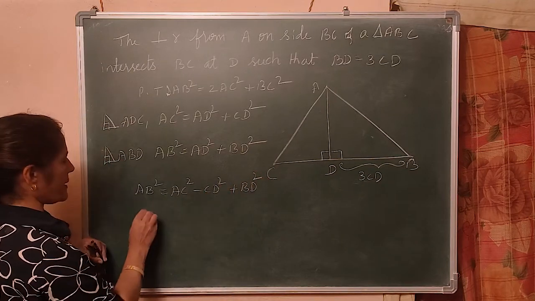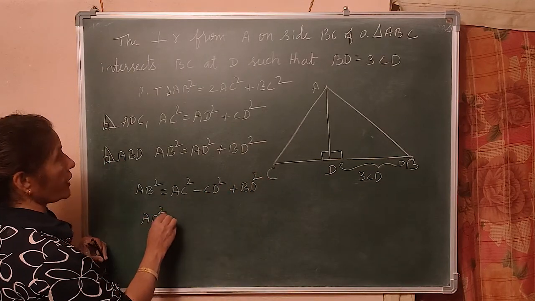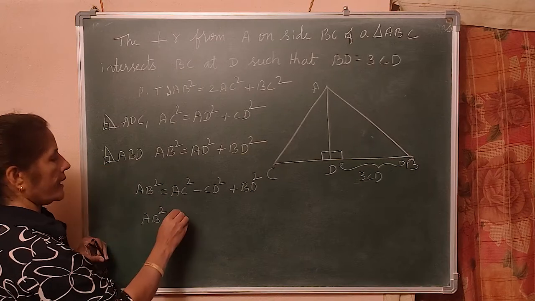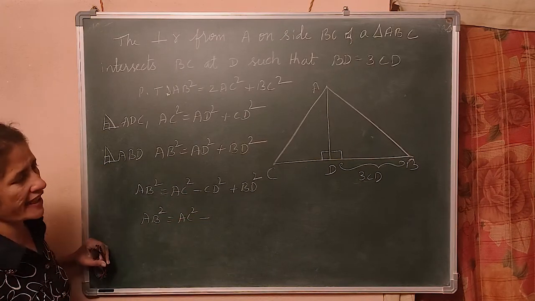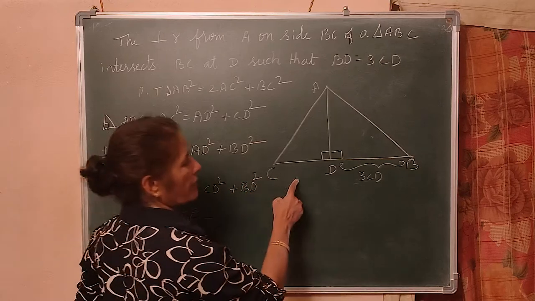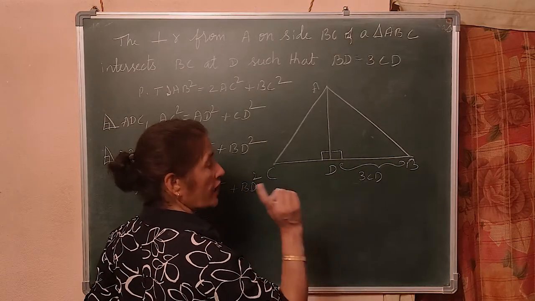So AB square is equal to AC square minus CD square. What is CD? This is one part, this is 3 parts, totally 4 parts.